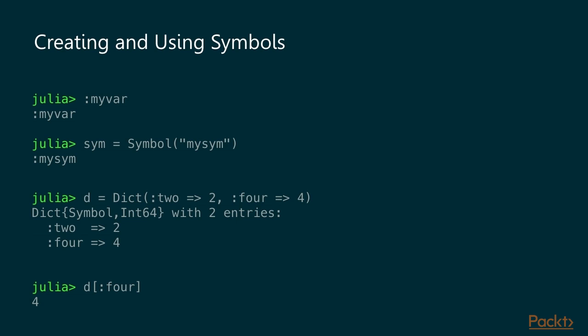A Julia program is a tree of expression objects, and what's neat is that we can actually inspect this expression tree in Julia itself, because the expressions are regular Julia objects. We have the same facilities available to parse and validate Julia code at the REPL as those used by Julia, and that's not a given for all programming languages. So this is a bit of a unique feature for Julia.